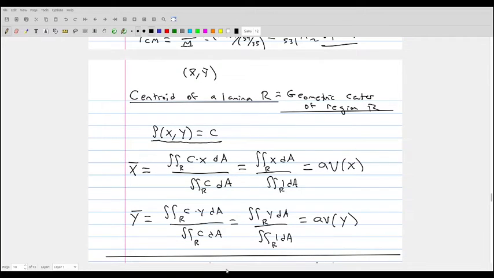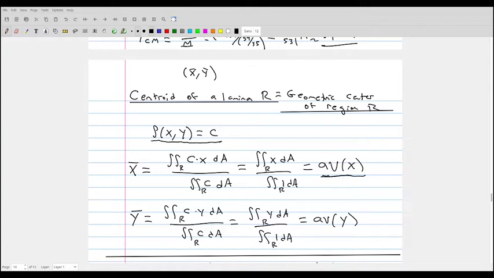The center of mass formulas are the double integral of the density times x over the double integral of the density. And if the density is constant, then the c factors out and you get the double integral of just x over the double integral of 1, which is the same thing mathematically.